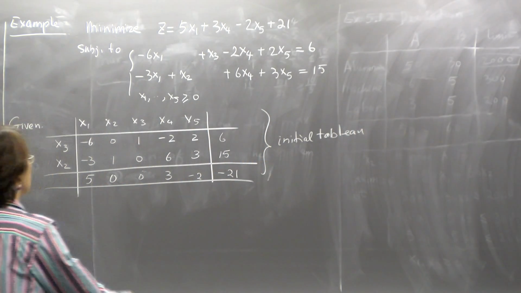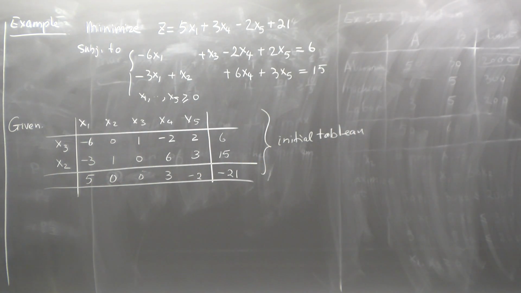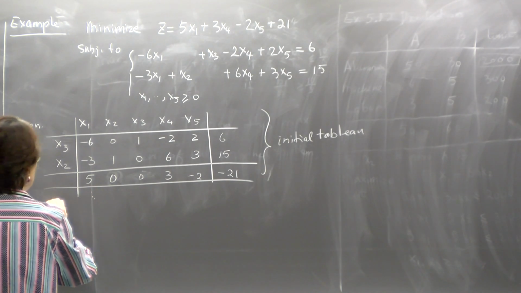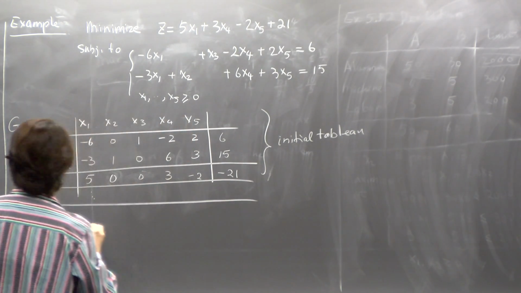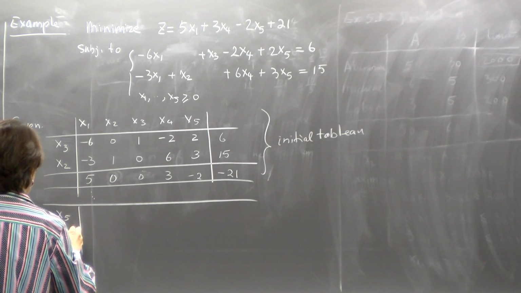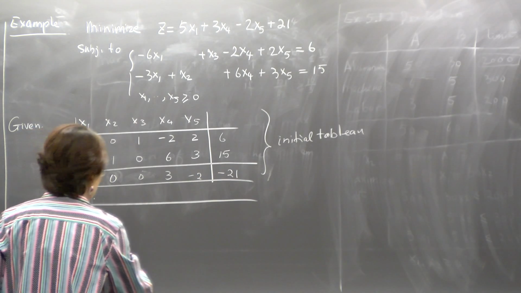Then you could easily set this up in LP Assistant. You do the pivots, and after a couple of steps you get the following. Now you have x5 and x1 as basic variables.